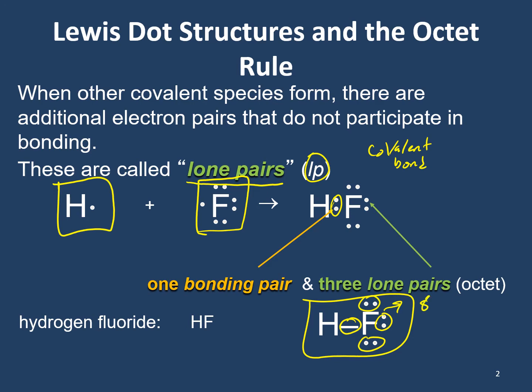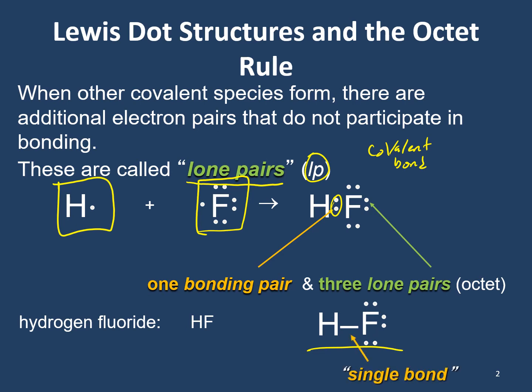There are 8 valence electrons around this fluorine, which is the whole point of the bond, and we'll talk more about that as we go. But this is the Lewis structure of HF. So let's continue, and we'll go through some more in-depth rules on how to actually draw Lewis structures. Now this is a single bond, and we'll show how to do double bonds and all that. Really, it's just 2 lines for a double bond and 3 lines for a triple bond.